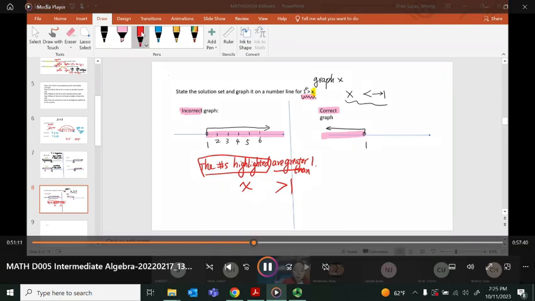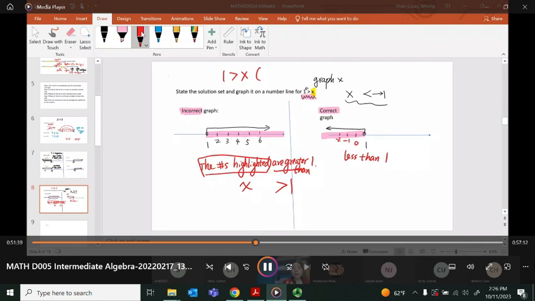And notice in the correct answer, the numbers I highlighted are on the left side. So that would be 0, -1, -2. All of these numbers I highlighted are less than 1, which is the correct answer because we do want to graph the numbers less than 1, okay? So in this case, 1 greater than x, if you get confused, you should translate it into an English sentence, okay?